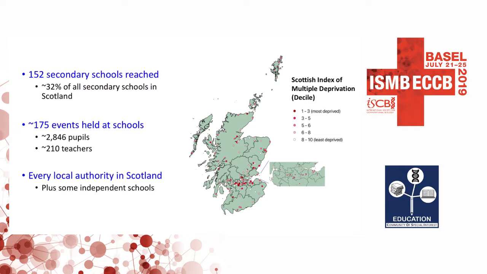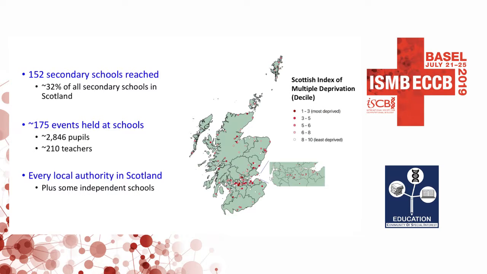We really want to push to get that to 50% very soon, ideally around 70%. And we think with this combination of school visits and CPDs for teachers, we should be able to do that. So this equates to just under 3,000 pupils, 200 teachers, and we've reached every local authority in Scotland.